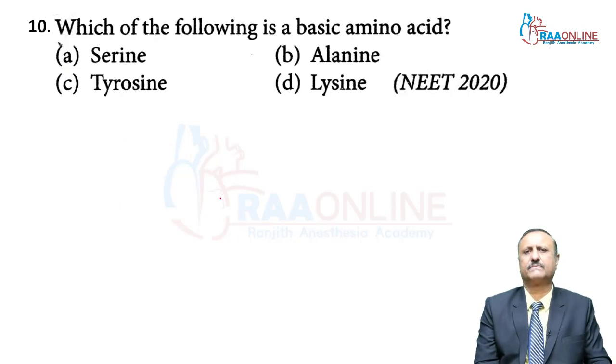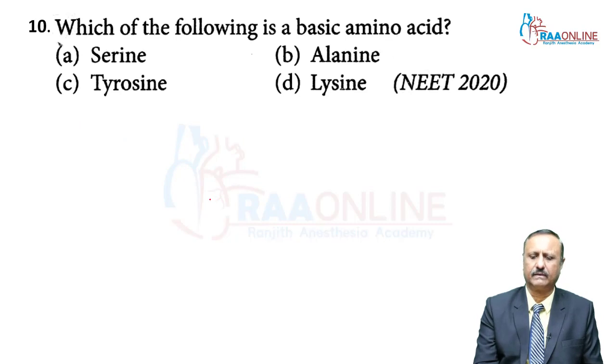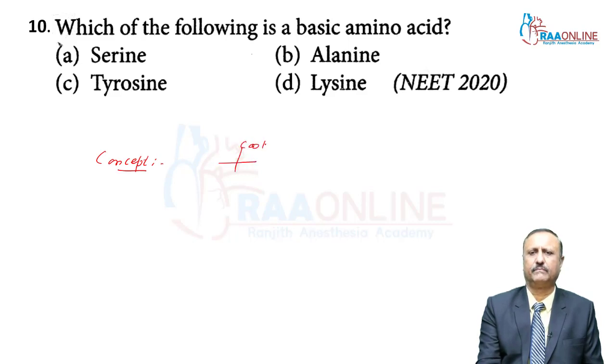Now my dear students, when we go to question number 10, which of the following is a basic amino acid? What is the concept? My dear students, amino acids are those compounds in which COOH, NH2, H and R group are present.